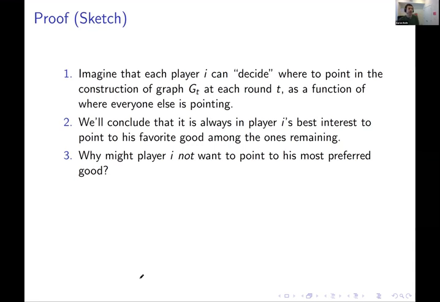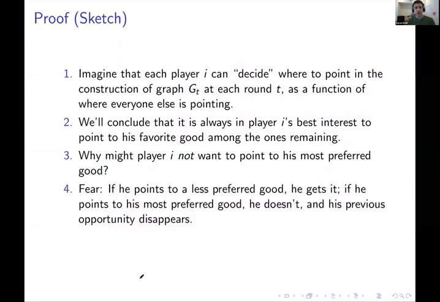And your concern is that if you point to your favorite thing, then you might not get it. And more than that, your concern might be that you lose out on an opportunity. Maybe today, since everyone's pointing to their favorite thing and we all agree on what our favorite thing is, if I point to my favorite thing, I'm not going to get it.